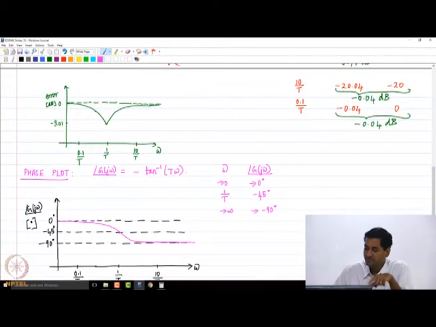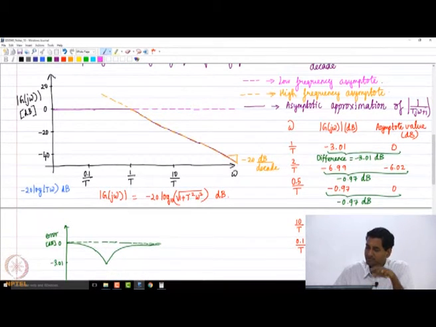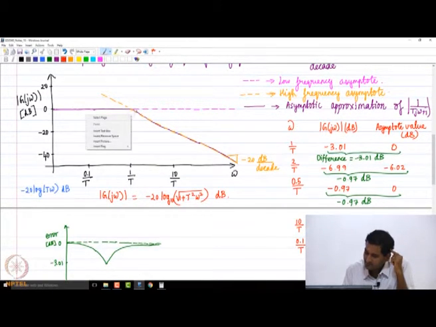But before we do that, let's look at this magnitude plot, right. On this plot, let me plot the actual one. The actual one is going to have an error of around minus 3 decibels at the corner frequency.